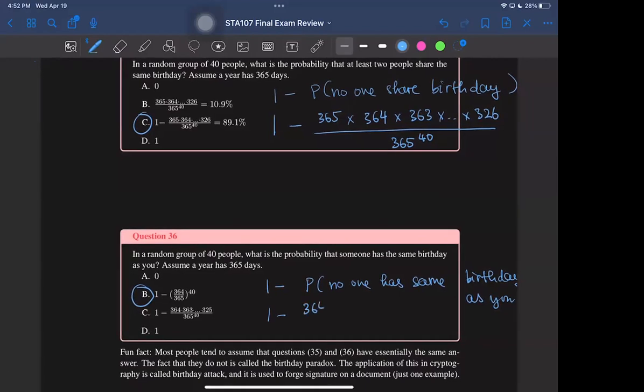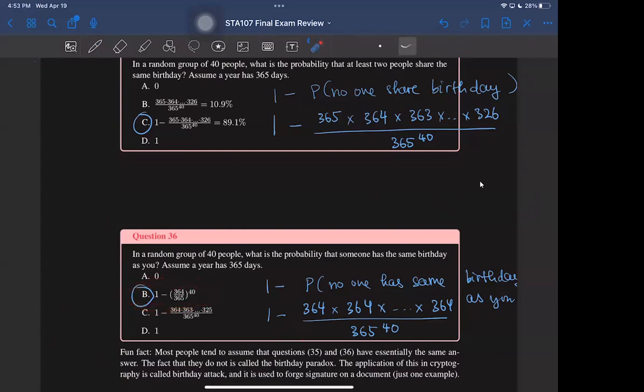So they have 364 days for the first person, 364 days for the second person, and similarly for the 40th person, divided by the number of ways they can have their birthday if there is no restriction. And this is the expression in part B.